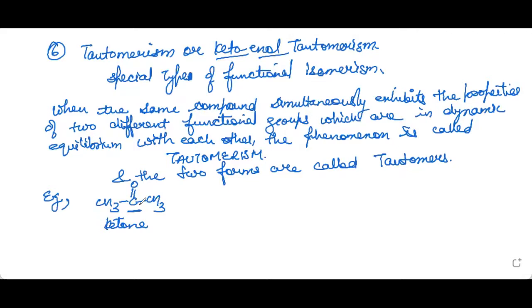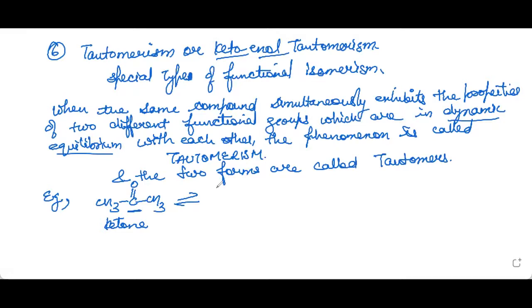Now it shows keto form and enol form, which are in dynamic equilibrium with each other. This means they keep on interconverting from one form to the other.